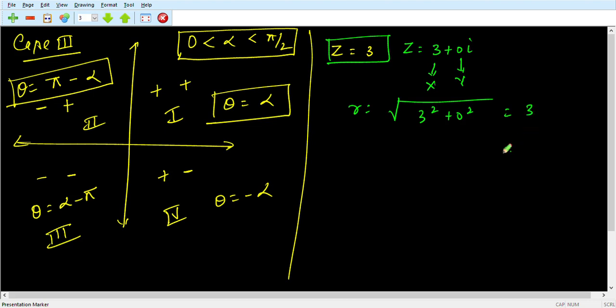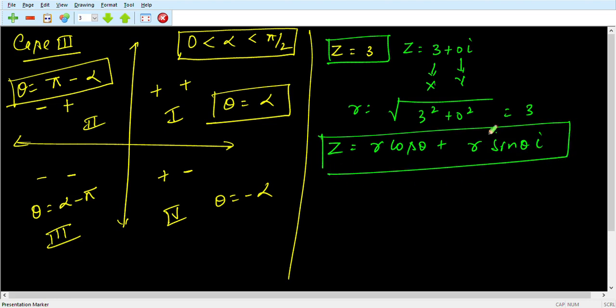The polar form of a complex number is nothing but r cos theta plus r sin theta iota. So we got the value of r.